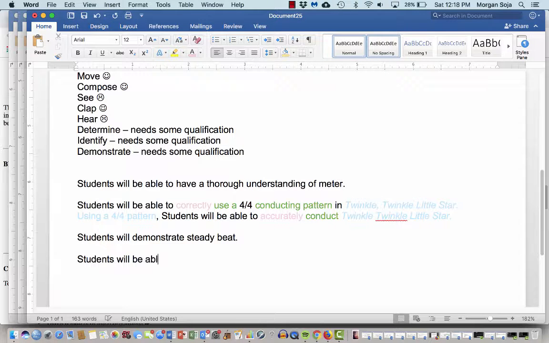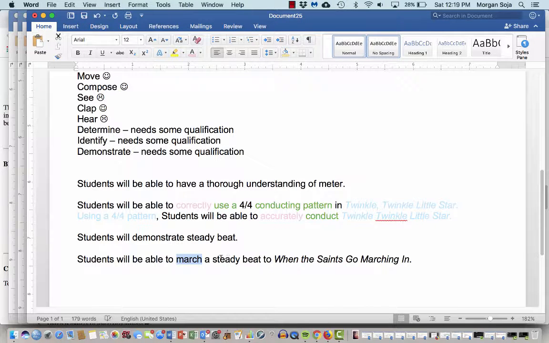Students will be able to march a steady beat to, let's see. I could do that pretty easy, right? Students will be able to march a steady beat to When the Saints Go Marching In.